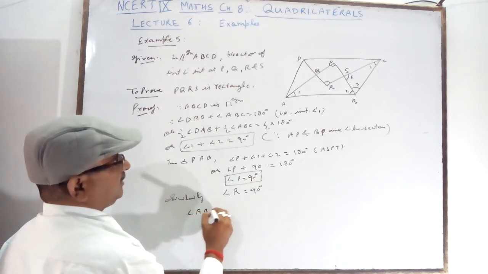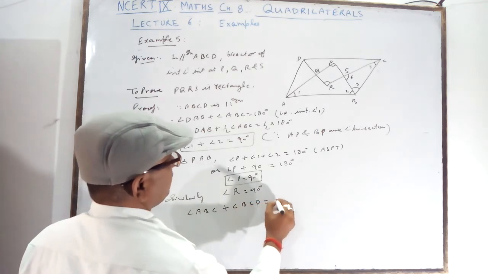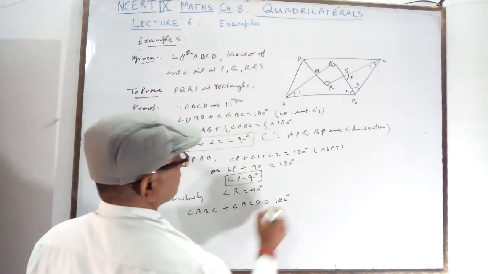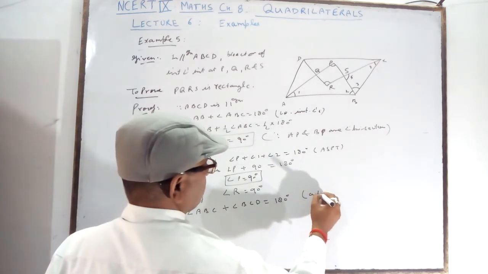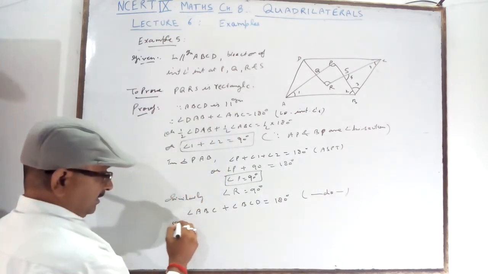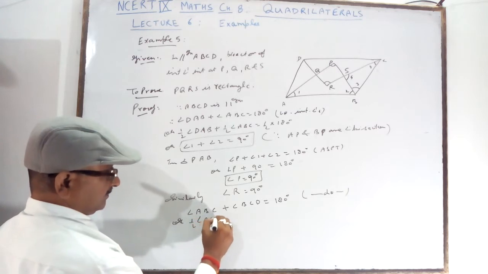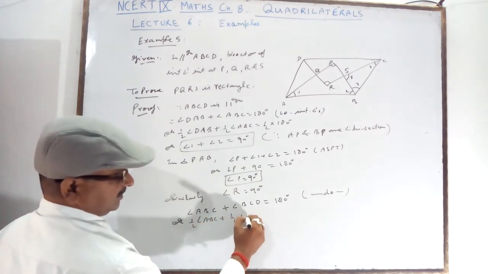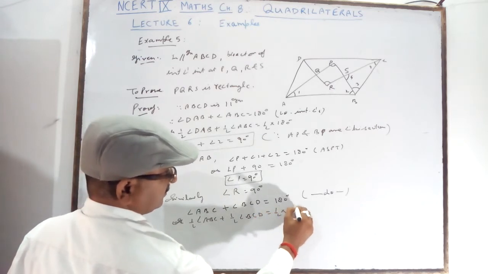Angle ABC plus angle BCD is again 180, by adjacent or co-interior angles. Half angle ABC plus half angle BCD is equal to half of 180.